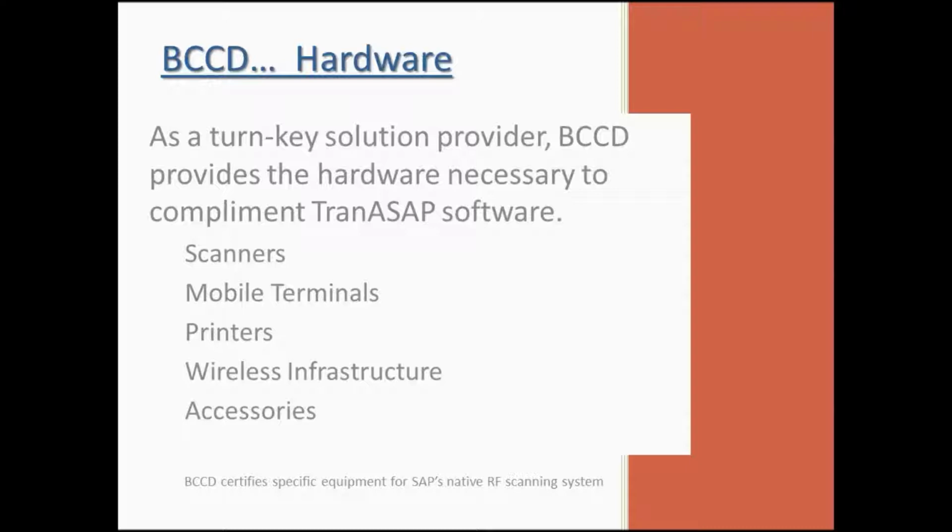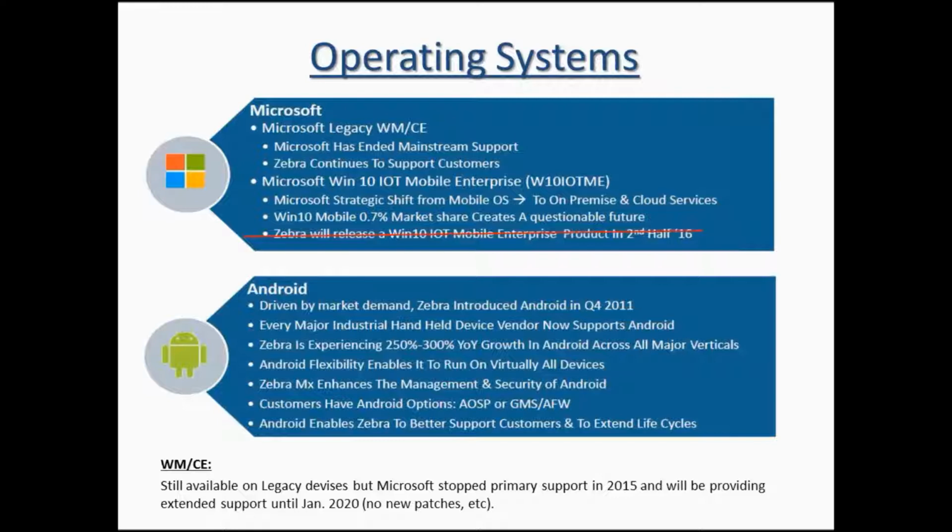We can provide the wireless infrastructure, including controllers and access points, and then all of the accessories to make these items work how you want, whether it's a holster, a cradle, different charging accessories, and even some custom-made holders we've done before. And of all of this equipment that we provide, BCCD does certify specific equipment, and you'll see some of that for SAP's native RF scanning system.